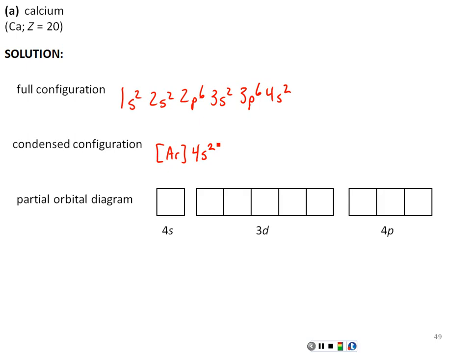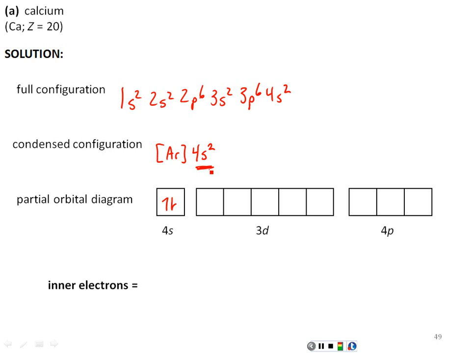And what does the partial orbital diagram become? Well, that's simple. We just have 2 electrons in the 4s orbital. And the number of inner electrons: the partial orbital diagram and the condensed configuration show the outer electrons.